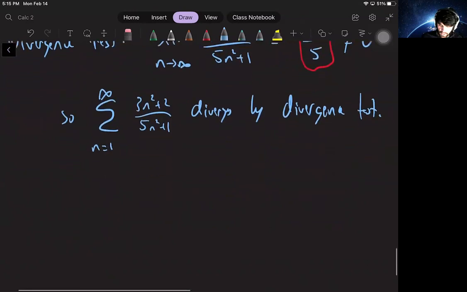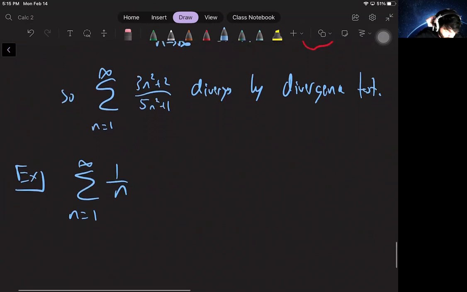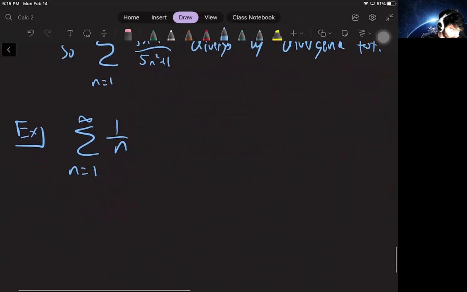Okay, let's do another example where the divergence test does not work. So this guy, we do know it diverges, but that's because we did it the long way a long time ago. The divergence test is not going to help us here. All right, so we can try the divergence test. Never hurts to try, even if it doesn't work.